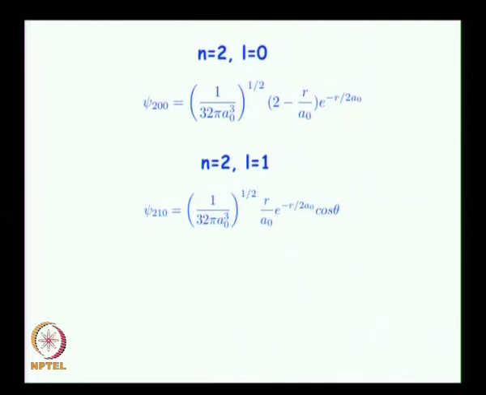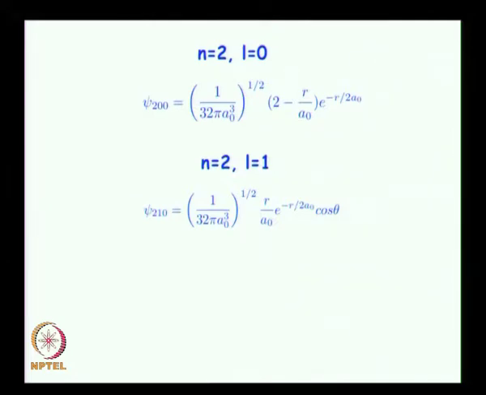So, therefore, what will happen? You realize immediately that this is a function that is going to depend upon direction in space. But before you look at the direction dependence, you can look at the radial dependence of the function.